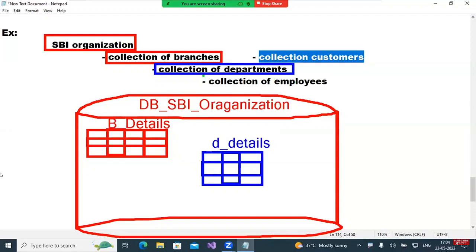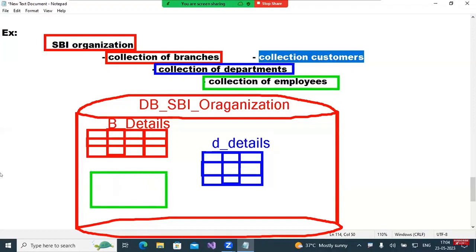In each department, how many employees are working? So this is called EMP details.